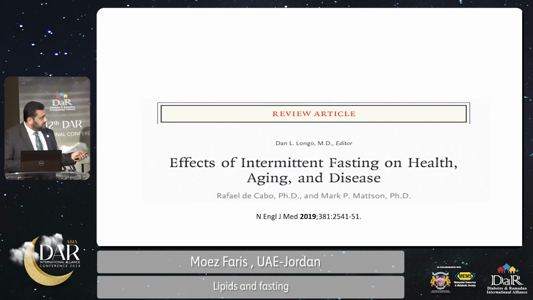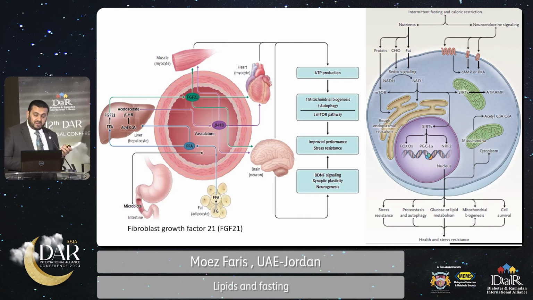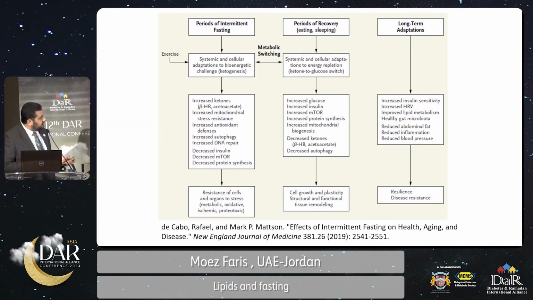As mentioned before, there are many comprehensive systematic reviews that highlight the significance of fasting in health, disease, and aging. Among these is the one published in the New England Journal of Medicine, showing how intermittent fasting affects our health. Our concern here is the metabolic switching that characterizes intermittent fasting, in which the body switches from the glucogenic to the ketogenic metabolic pathway.